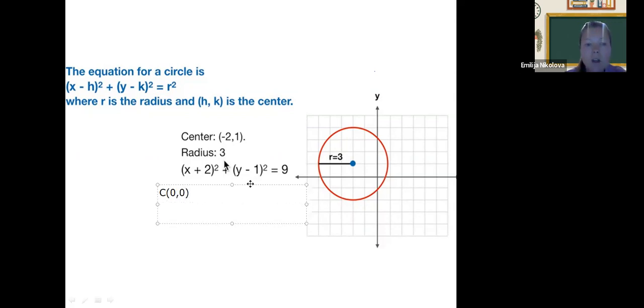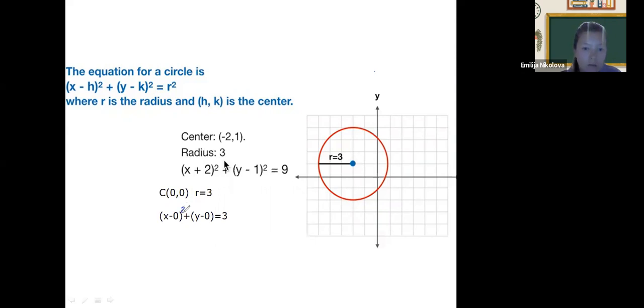We write down the equation, and for example, the radius can be the same, 3 centimeters. Then we can write down the equation: (x minus 0) squared plus (y minus 0) squared equals 3 squared.